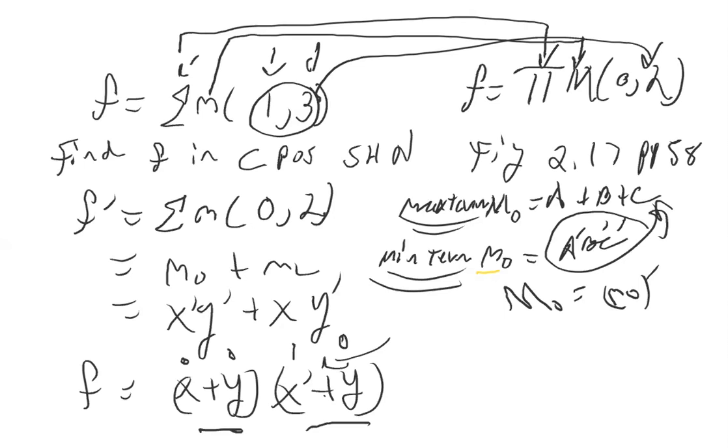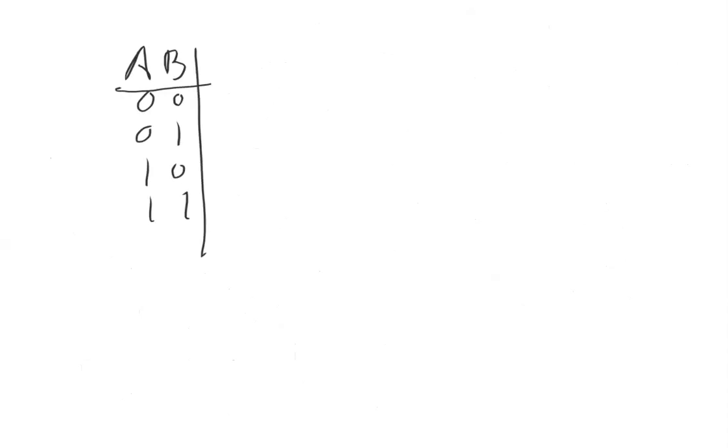Not to put too fine a point on it, we can write out table 1.7 here. I'll just do the first two variables. All right. And then what we'll do is write out the max terms.